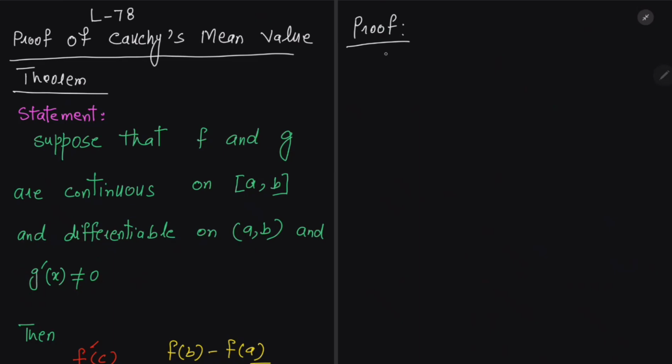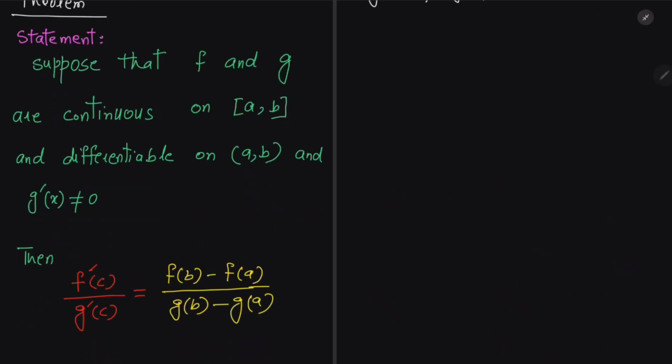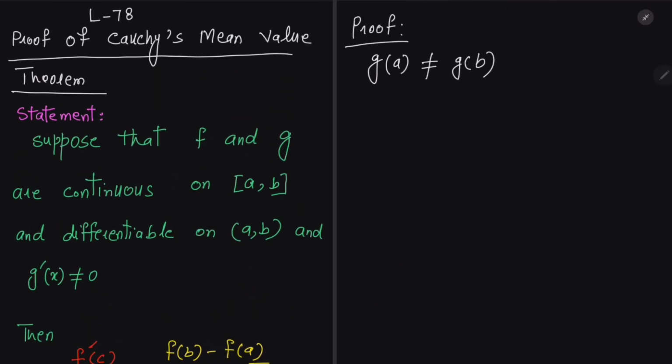The first thing we want to show is that g(a) is not equal to g(b). Why do we want to show this? If these are equal, the right hand side will have 0 in the denominator, so we get infinity. A constant divided by 0 will give us infinity. So we have to show that g(a) is not equal to g(b).